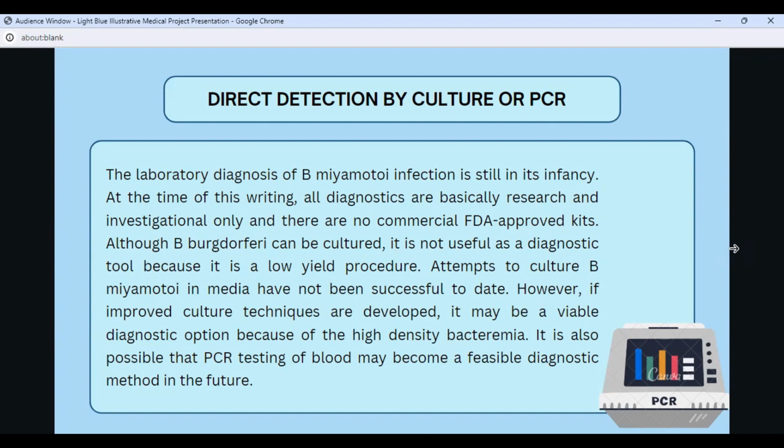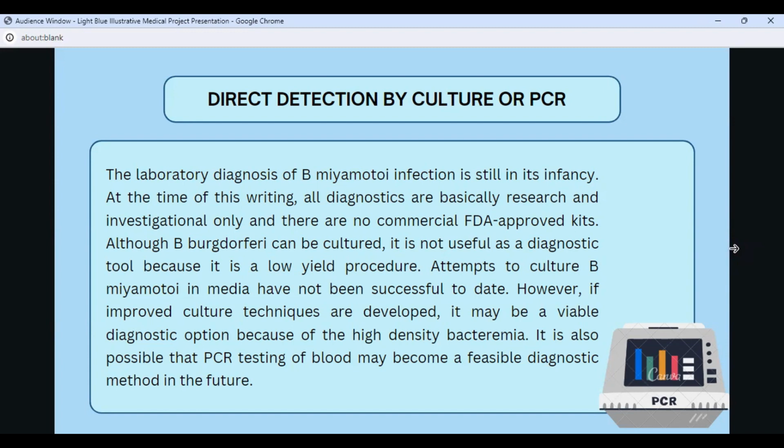First is direct detection by culture or PCR. The laboratory diagnosis of B. miyamotoi infection is still in its infancy. At the time of this writing, all diagnostics are basically research and investigational only, and there are no commercial FDA-approved kits. Although B. burgdorferi can be cultured, it is not useful as a diagnostic tool because it is a low-yield procedure.